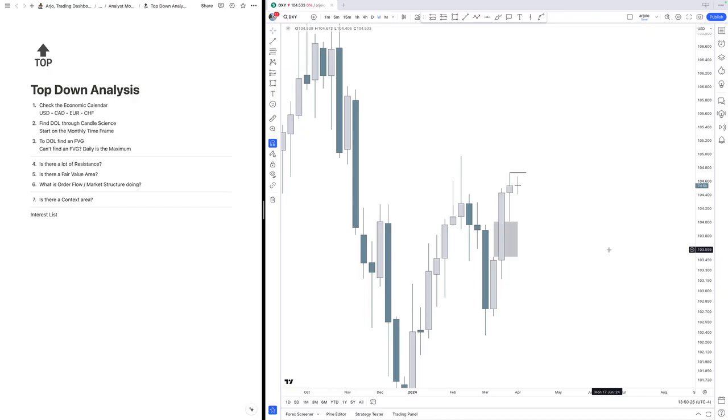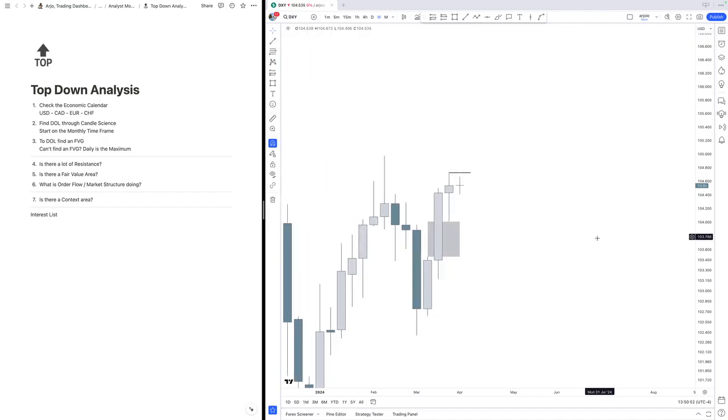I thought, if I just follow that list exactly, then I should get to the same draw on liquidity. But it just didn't resonate with me. It was so much that I didn't like. So that's where you can put your own twist on it, but use the same concepts, the same things that we went over. Don't incorporate anything else right now that is not in the mentorship, because that is going to mess it up.